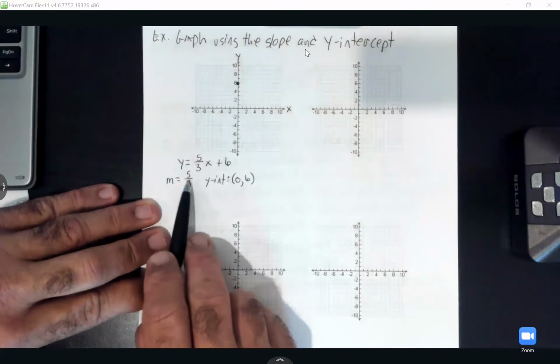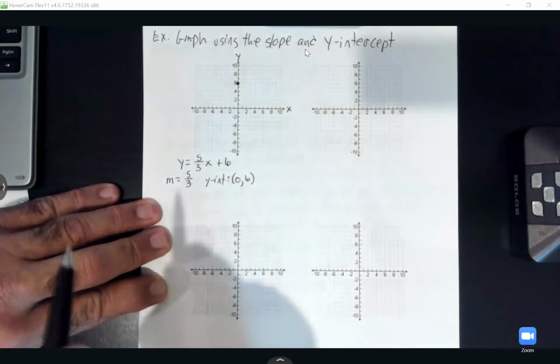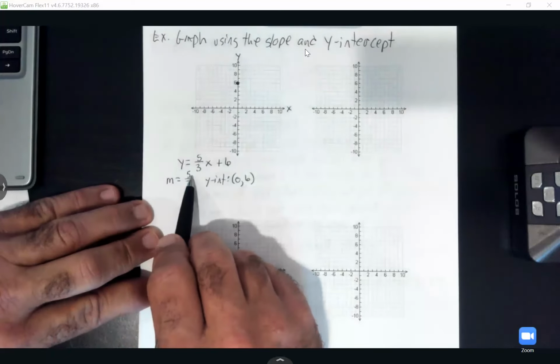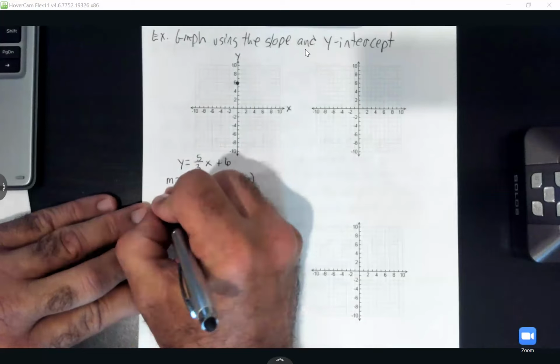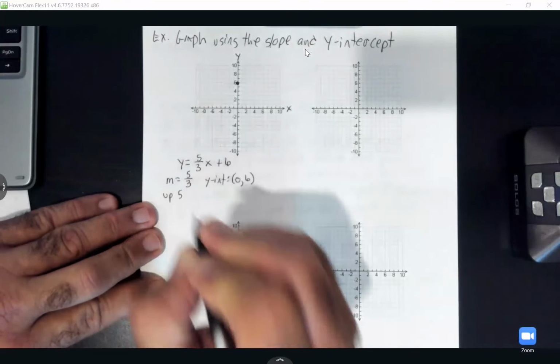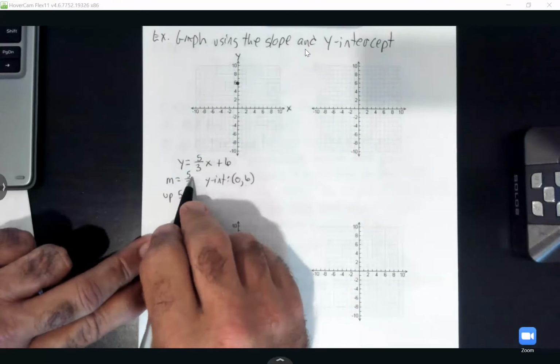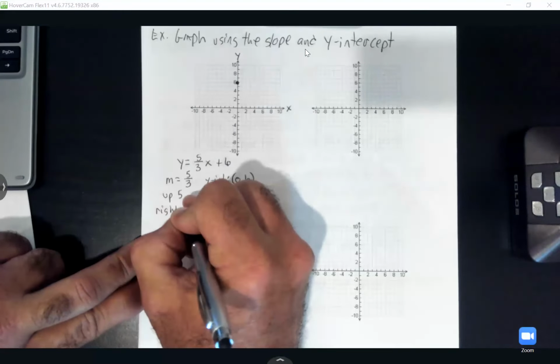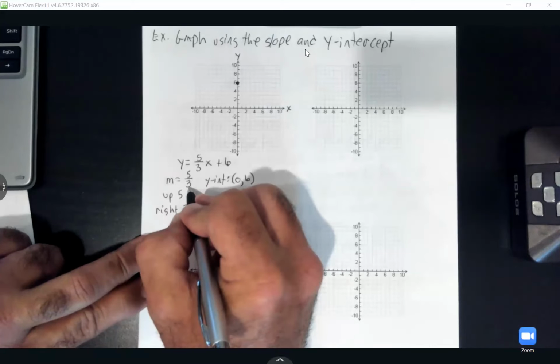Now, we got to use this slope to get to the second point. So remember, the top number is positive. So what this one wants me to do is go up 5. Since that's a positive 5, we're going to go up. And then we're going to go right 3 according to the bottom number.